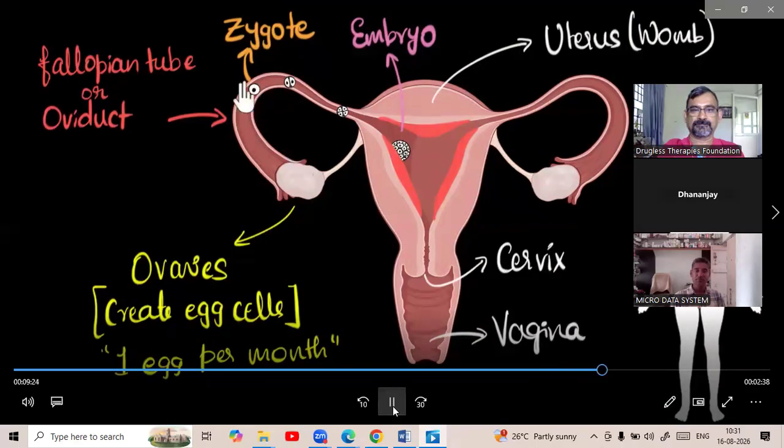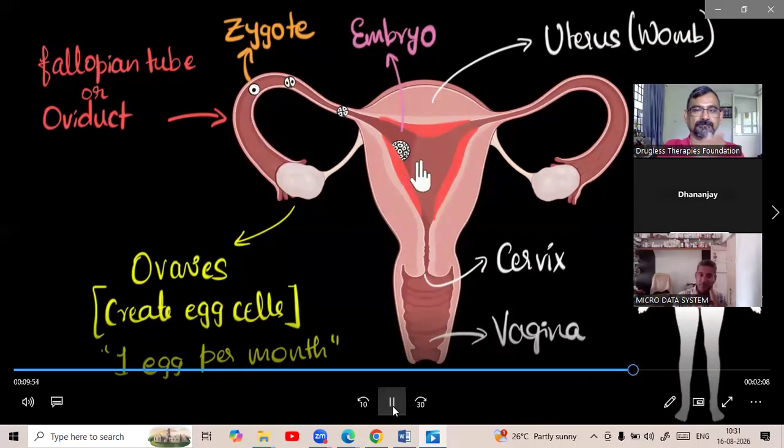One is that when a zygote converts into an embryo, sometimes it splits into 2 embryos instead of 1. Any guesses what happens because of that? That's when we get identical twins. And nobody knows, even till date, when or how that happens. There are some theories, some hypotheses, but so far we have no clue why sometimes zygotes do that.